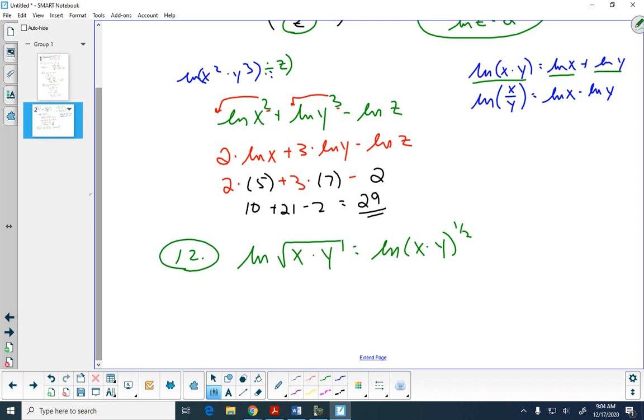Okay, once again, what can we do with this exponent? You move it in the front. Move it to front. So we have 1/2 times the ln of x times y. Marissa, when we are multiplying, what do we have to do with separate logarithms?